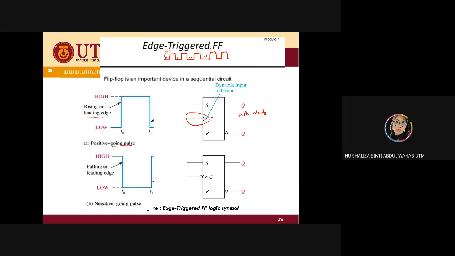And positive clock, normally in terms of your timing diagram in the equation, sometimes it will be given like this. The hint is directly given as positive clock, but sometimes it's just drawn in your block diagram. But normally, in terms of your waveform, there will be an arrow pointing up like this.